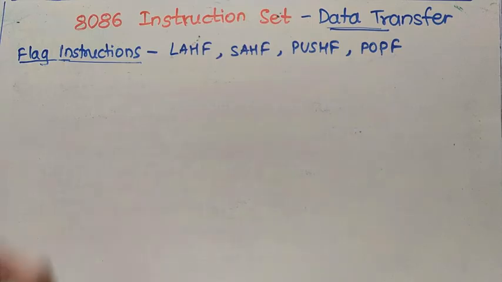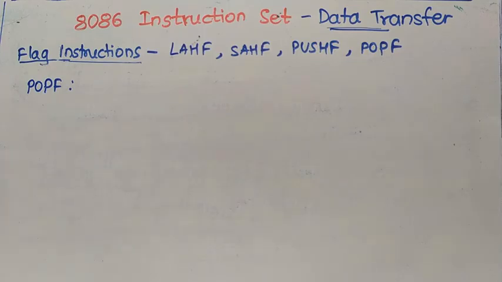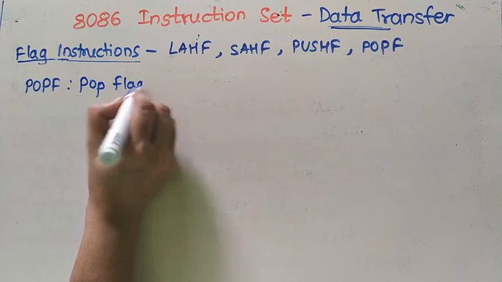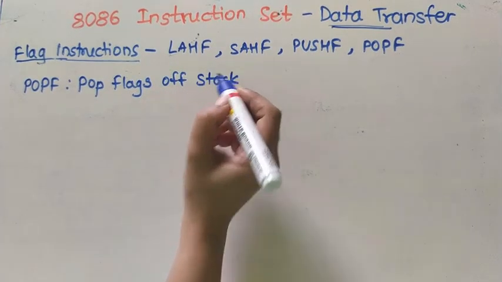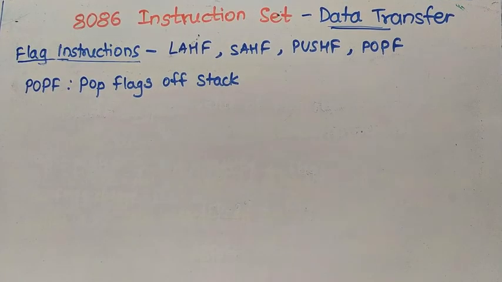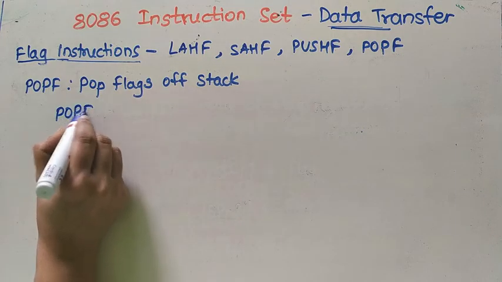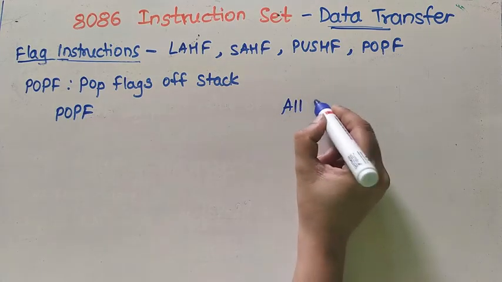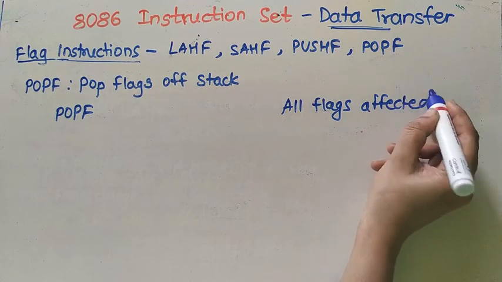Next instruction is POPF. So the POPF instruction is nothing but pop flags off the stack. Means from the stack we have to take out the contents into the flag register. The mnemonic is POPF. Here all flags get affected after execution.